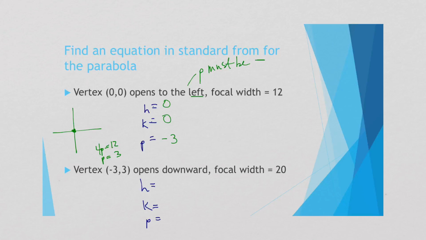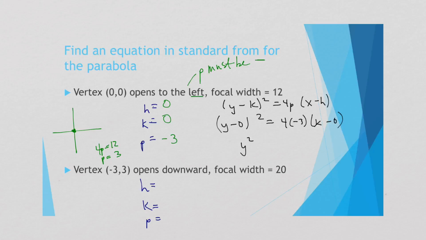Now if it opens left, it's a y squared problem. So I have y minus k squared equals 4p times x minus h. So y minus 0 squared equals 4 times negative 3 times x minus 0. And I get y squared equals negative 12x.